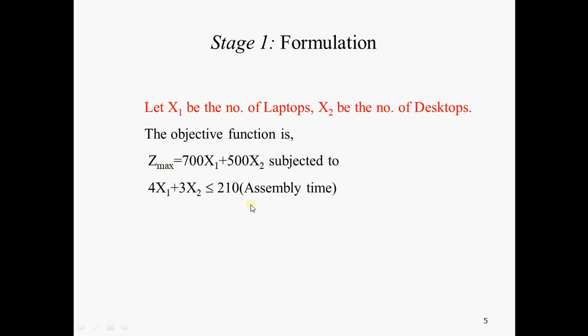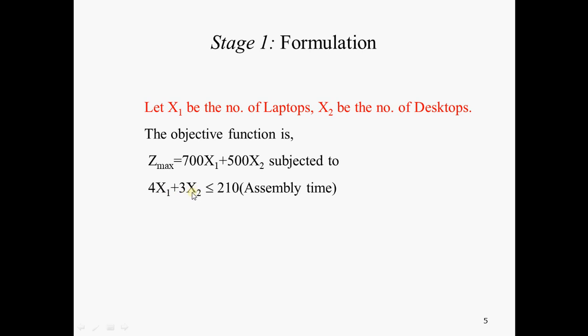which is assembly time. Total assembly time that we have is 210 hours. Each laptop requires 4 hours of assembly time. Like that, x1 laptops require 4x1, linear, that's all. That's why it's called linear programming, as I said at some point. 4x1 will be the number of hours required for the laptops.